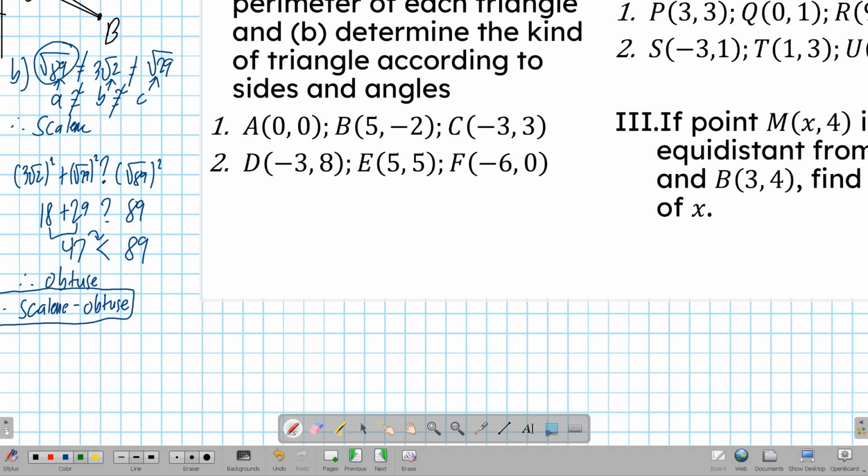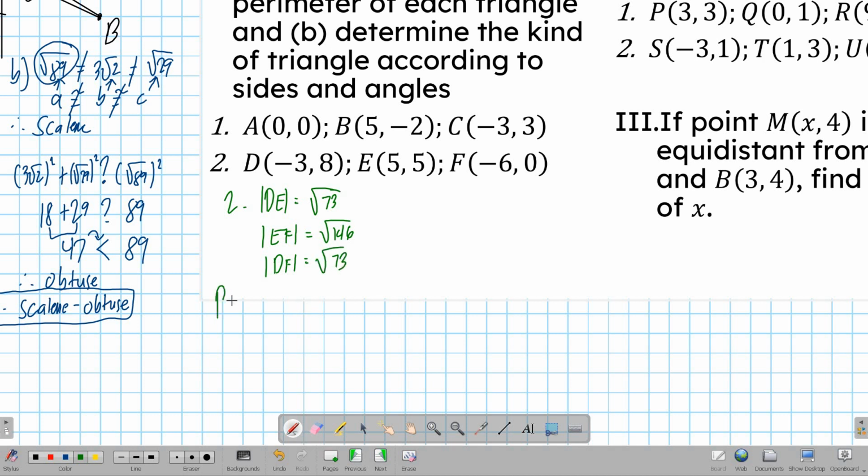So in number 2, we have the length of side DE, which you can also write this way, like an absolute value, is actually the square root of 73. The length of line segment EF is square root of 146, while the length of DF would be square root of 73.